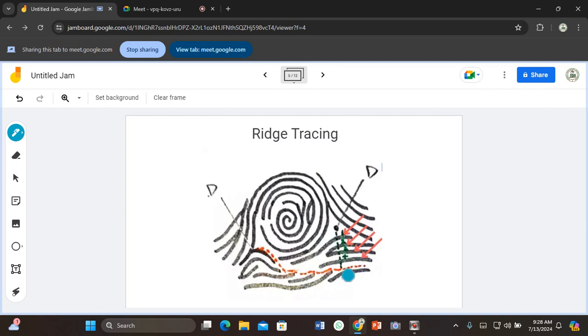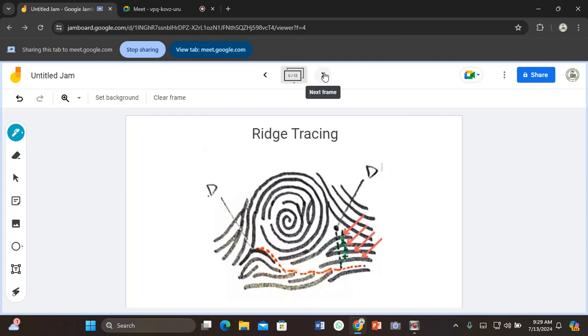If the number of ridges between the delta and the tracing ridge is 3 or more than 3, maybe 3 or 4 or more than that, then you call it outer ridge, denoted by O.